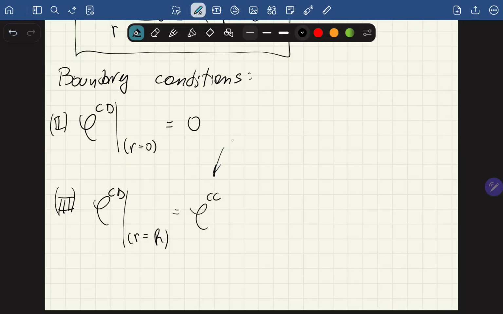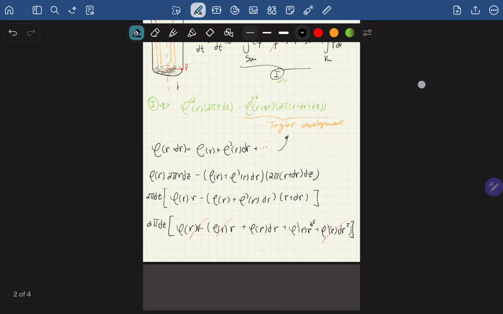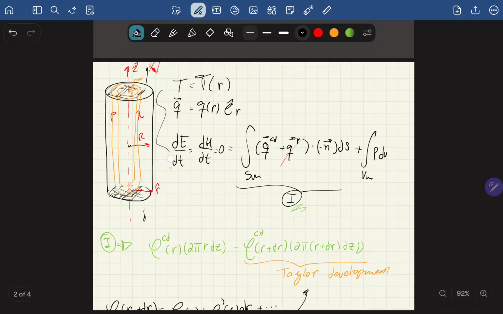This is the conduction heat flux scalar, because this is nonetheless a problem where there's a coupling between conduction and convection because there's a fluid outside here, right?